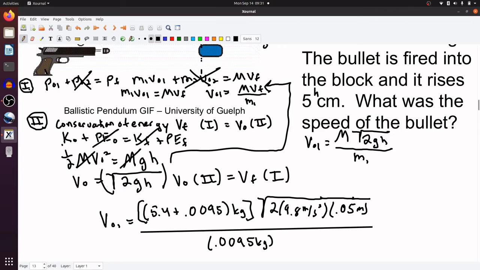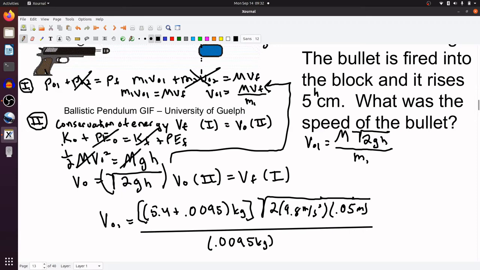All right, calculations time. I'm going to start with the square root part. So 2 times 9.8 times 0.05, taking that to the square root, and then I multiply that by 5.4 plus 0.0095, and then I divide that by 0.0095, and I get 564 meters a second.